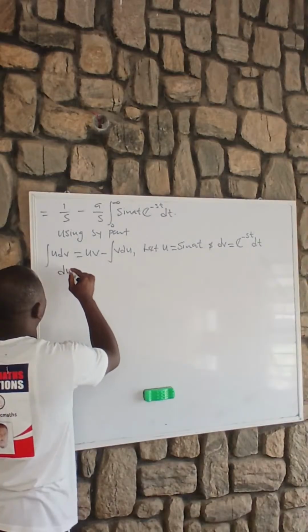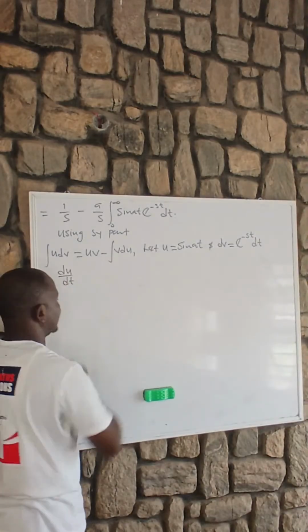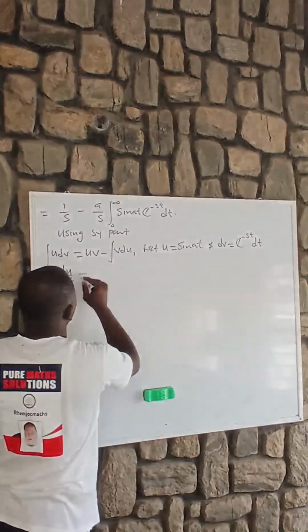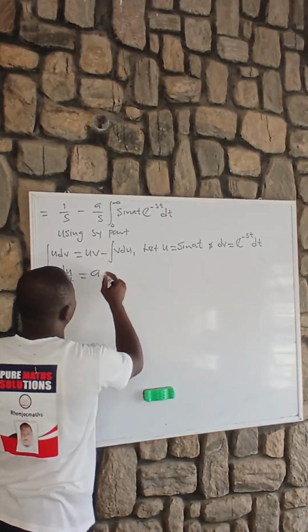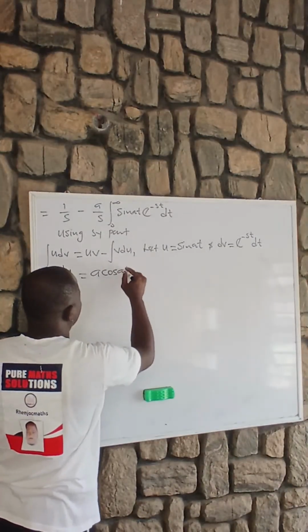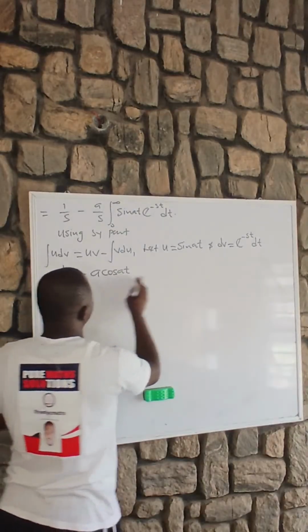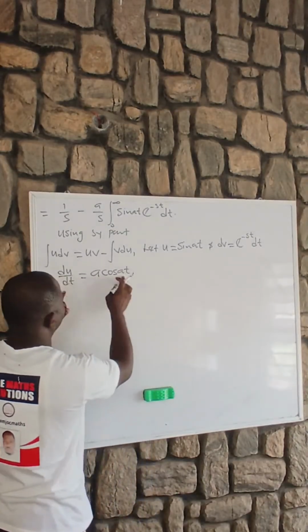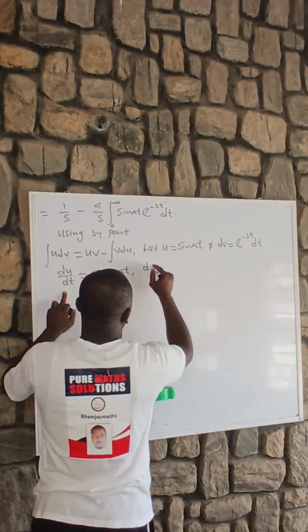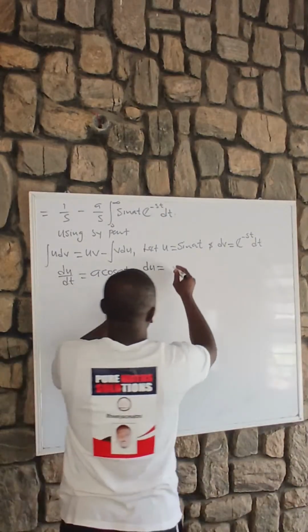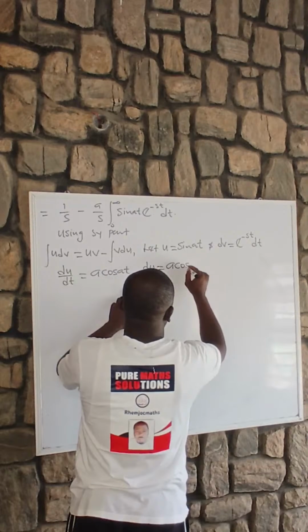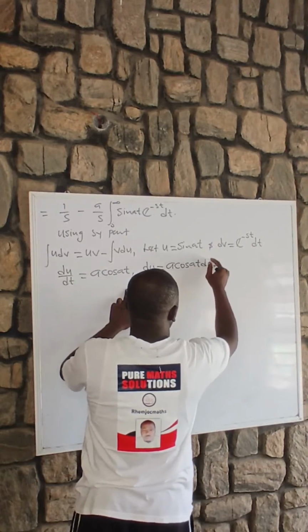So du over dt gives us a cos at. Then by cross multiplying, du equals a cos at dt.